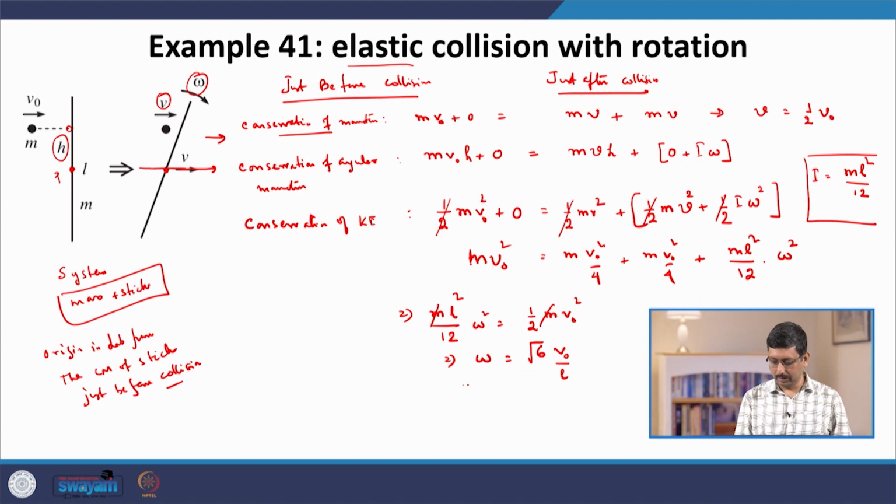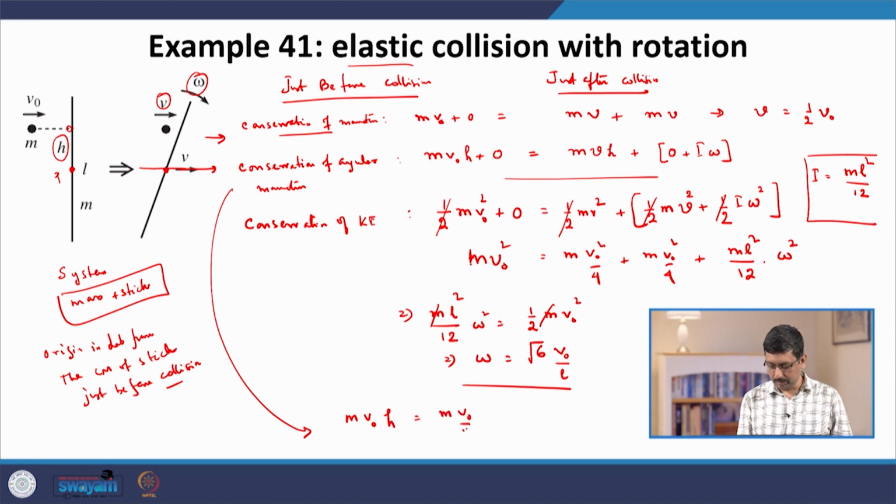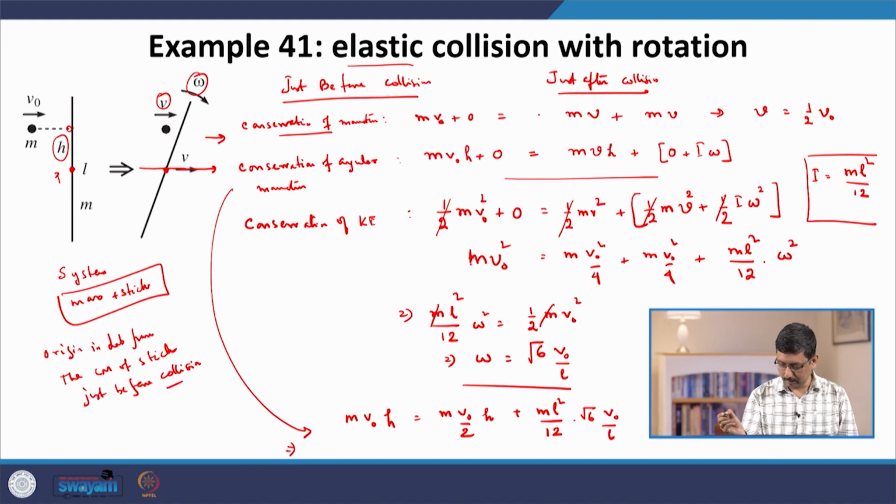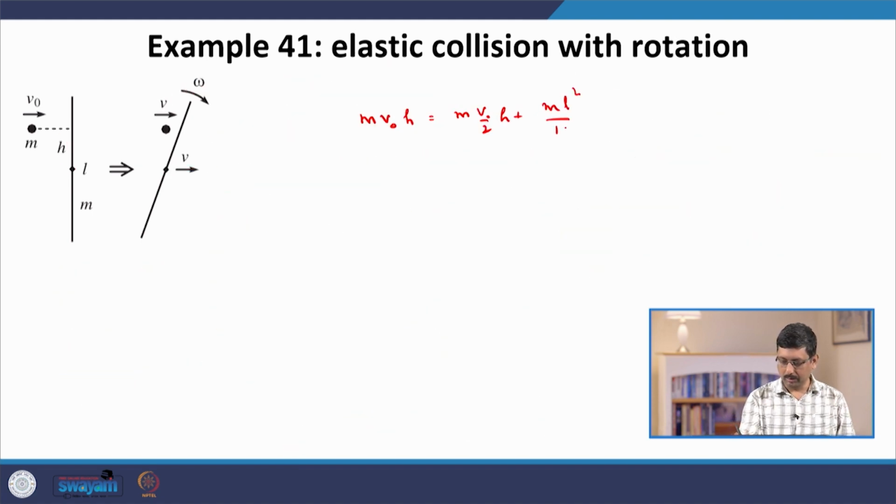If we now plug this value into the angular momentum equation, we get m v naught h equal to m v naught by 2 h plus m L square by 12 times root 6 v naught by L. The m gets cancelled, so we have half v naught h equal to root 6 by 12 L times v naught.